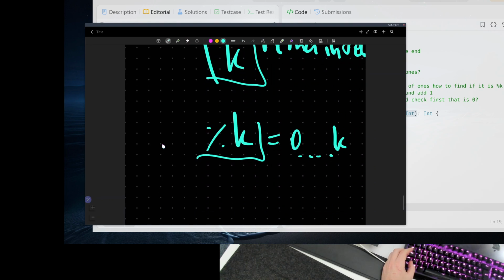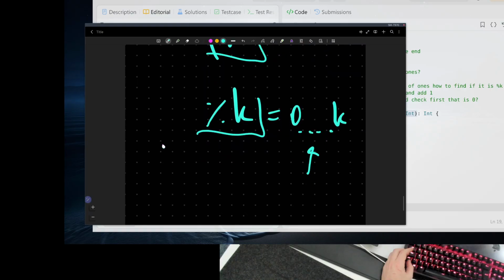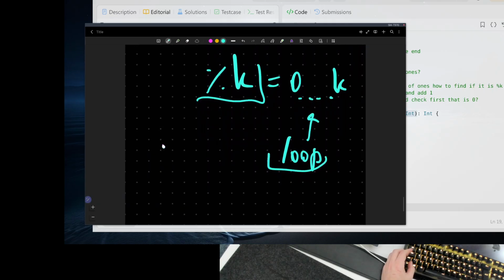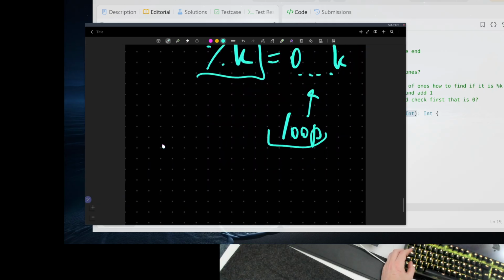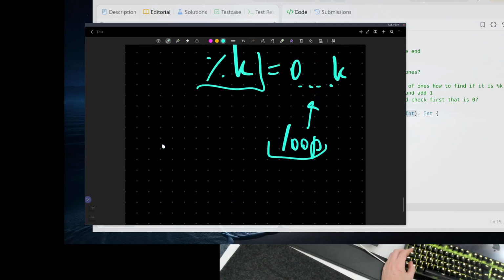And when you loop, it means that you didn't find any new remainders.